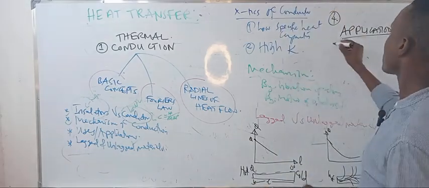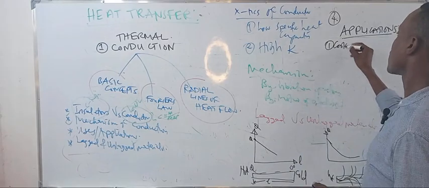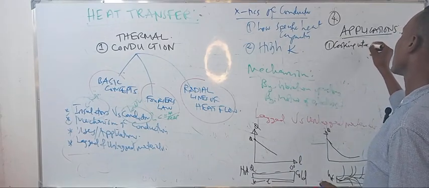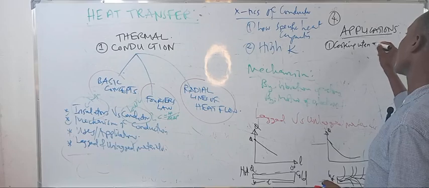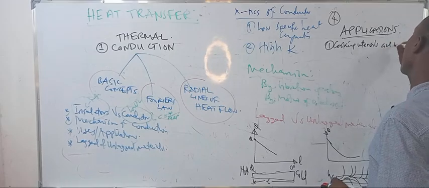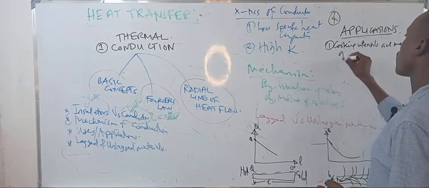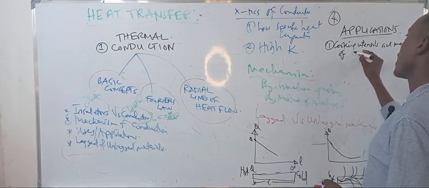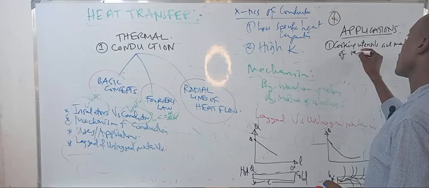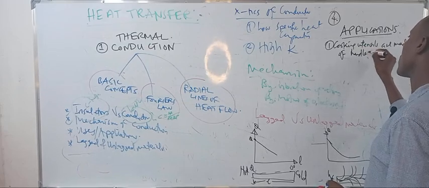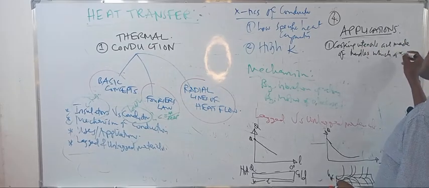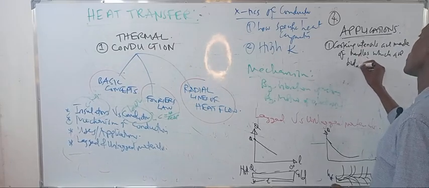So we say cooking utensils are made of conductors, with handles which are insulators.